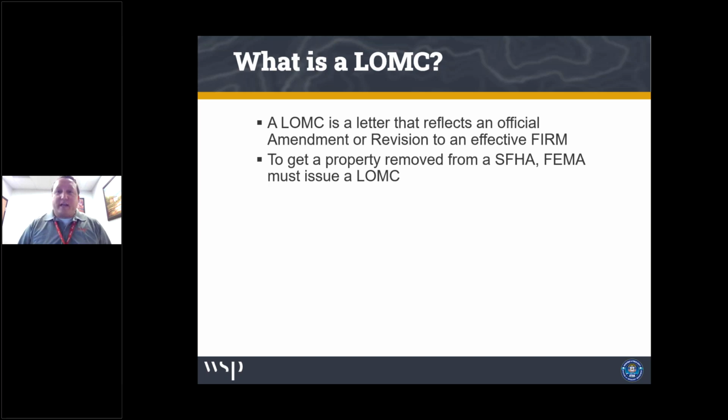There is an actual recorded letter that you receive. It's called the letter of final determination. And that is the letter that you keep on file to show that you have met the requirements to remove your property or house or land from the floodplain. So just keep that in mind. That's kind of the basics of LOMC.